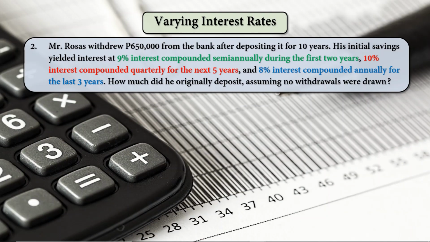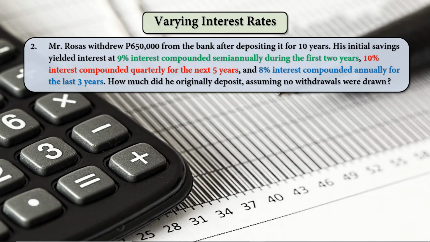The next example, Mr. Rosas withdrew 650,000 pesos from the bank after depositing it for 10 years. His initial savings yielded interest at 9% interest compounded semi-annually during the first 2 years, 10% interest compounded quarterly for the next 5 years, and 8% interest compounded annually for the last 3 years.